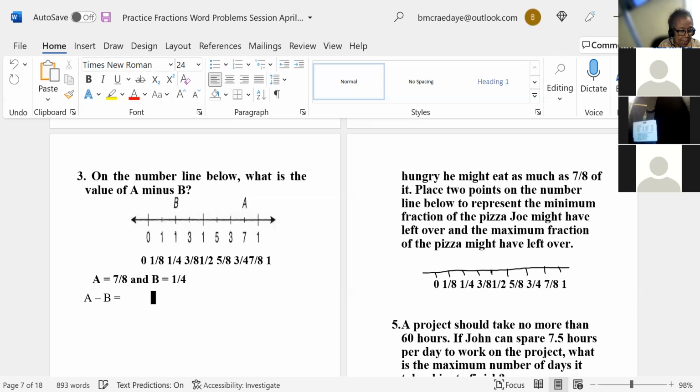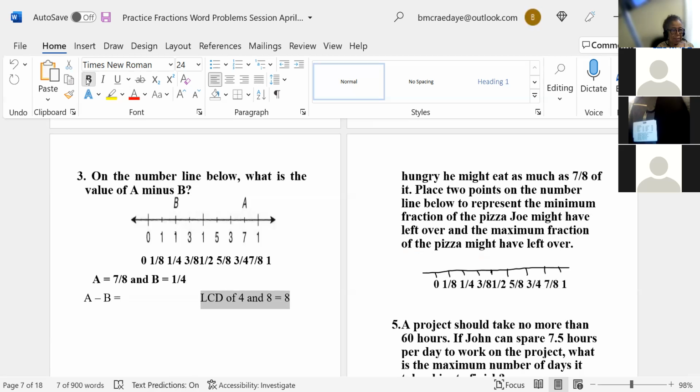So like Mercedes said, the least common denominator of 4 and 8 equals 8. Now, so what's the answer, Mercedes? Is it 5/8? Yes, 7/8 minus 2/8 gives you 5/8.